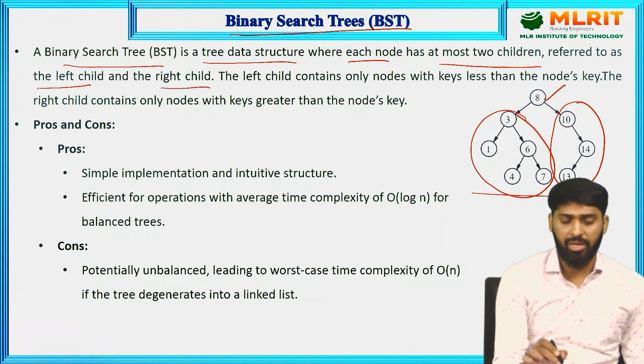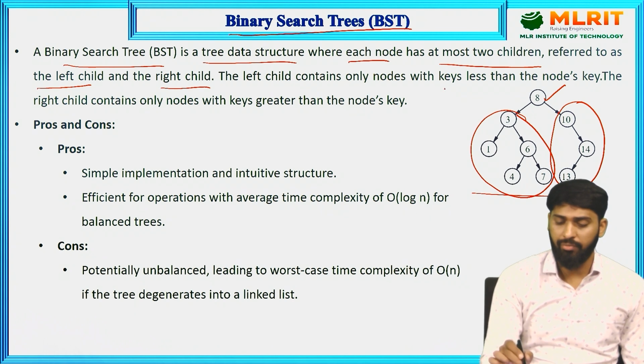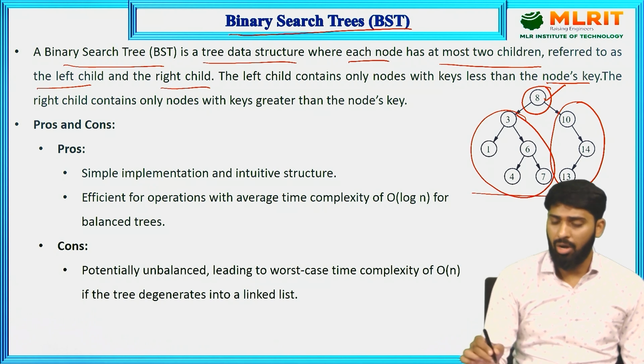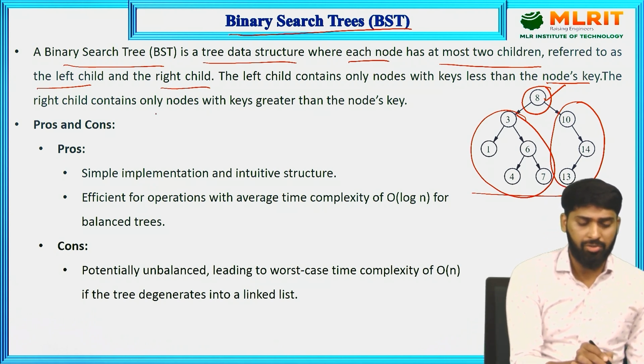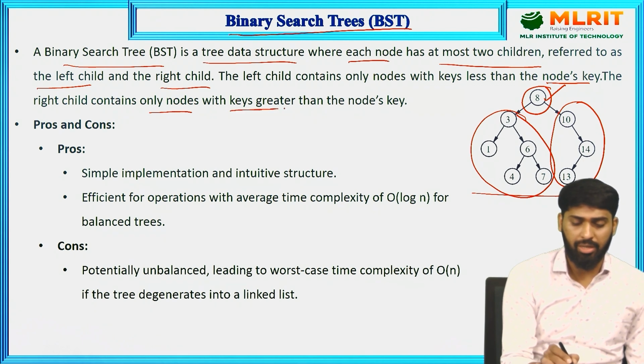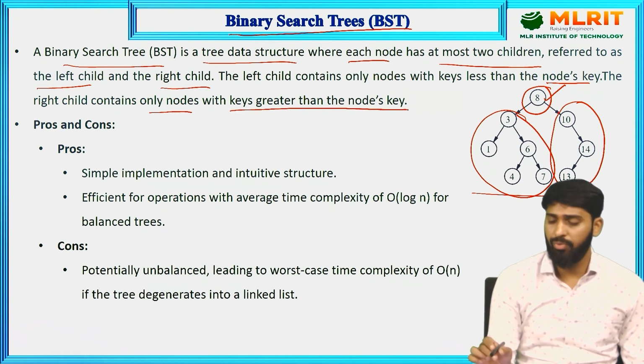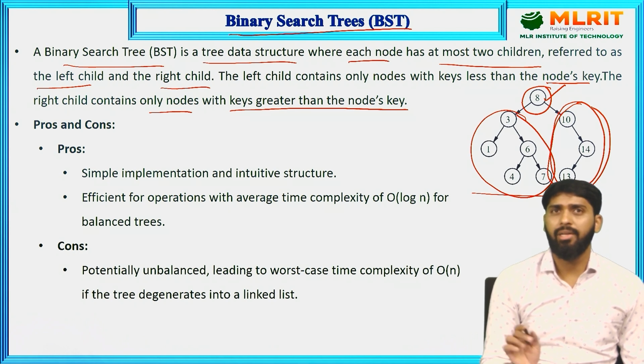The left child contains only nodes with keys less than the node's key. Here the node is 8. If you observe, all the left side values are less than 8. The right child contains only nodes with keys greater than the node's key. If you compare here, in the right child, all the nodes are greater than 8.